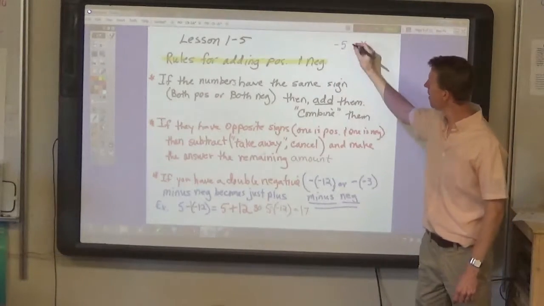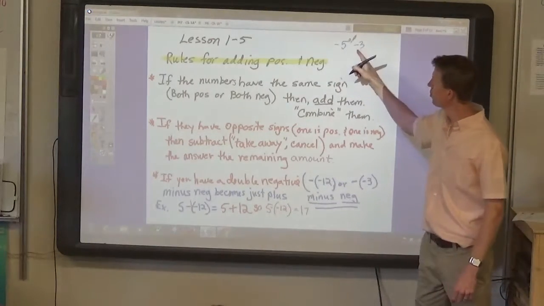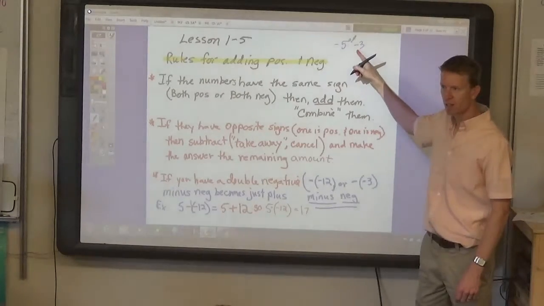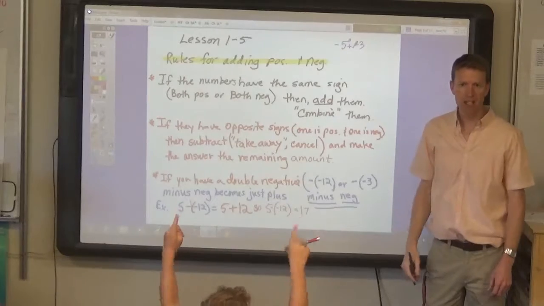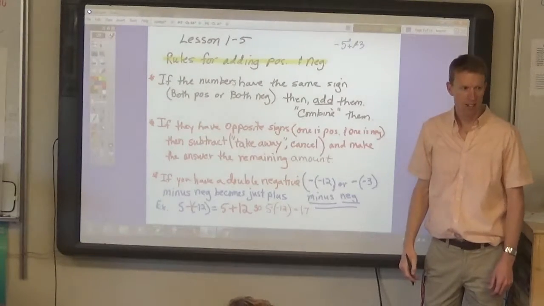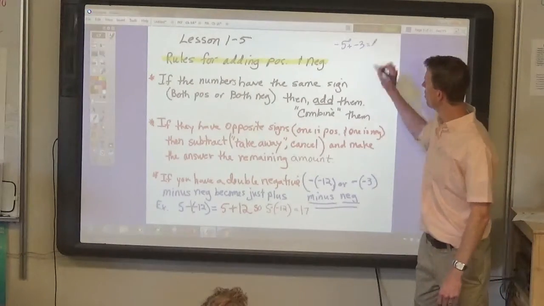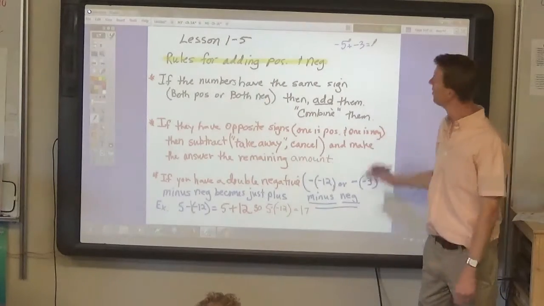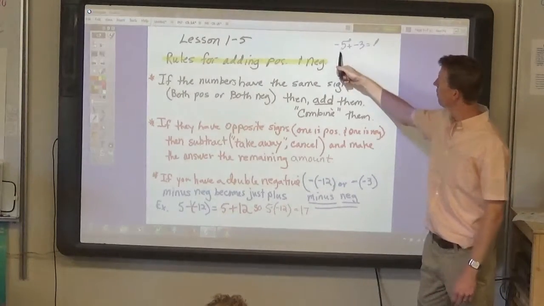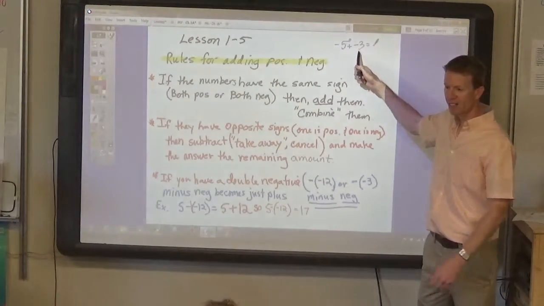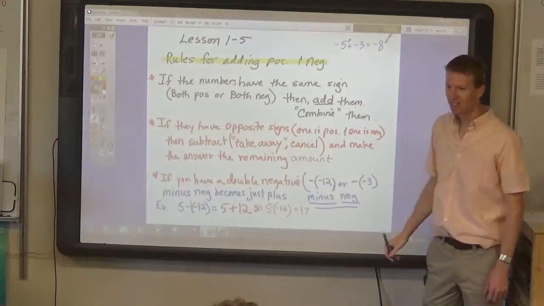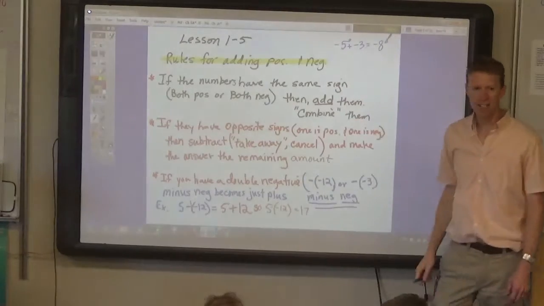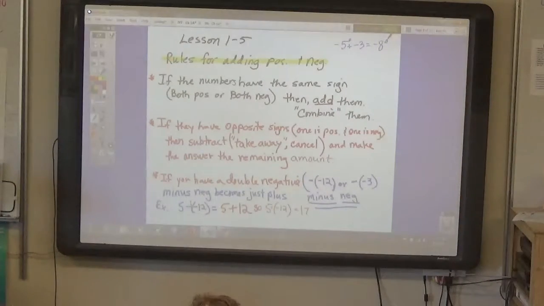If it was -5 degrees and the temperature dropped 3 degrees, we're adding more negative to the temperature. So what is the new temperature? -5 plus -3. -8. -8 degrees. Okay? We just add the two digits because they're both negative. Right?